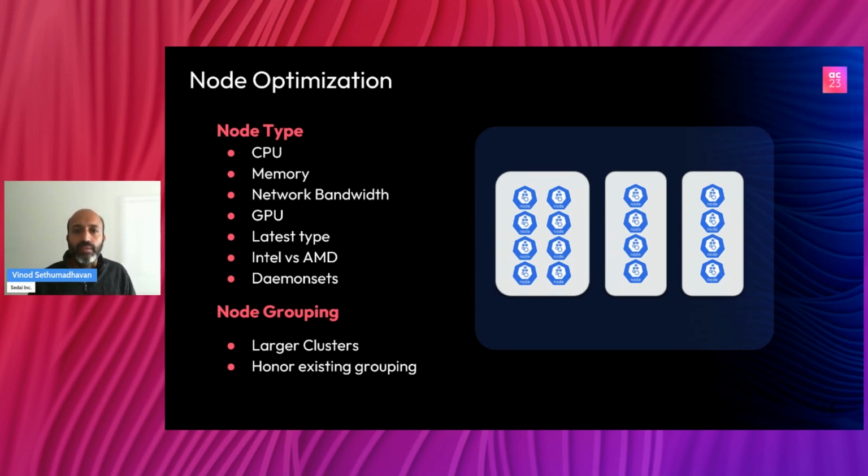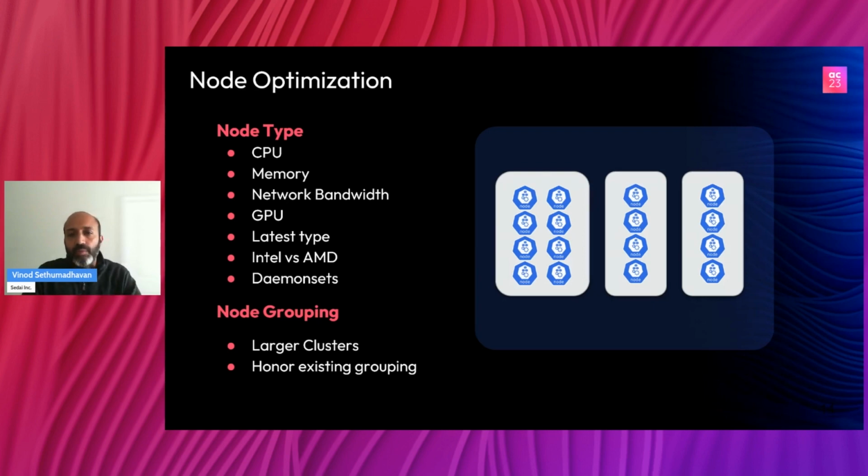And there's also Intel versus AMD: Intel has better performance on most of the node types in AWS. So we have found around 10% improvement in cost when the workloads running are not CPU bound, by moving them to an AMD based machine.